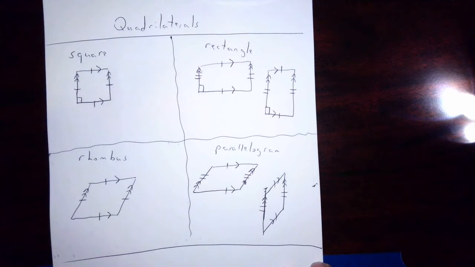Now, I did say that there's one that is a quadrilateral, has four sides, but it's different, and that's the trapezoid.